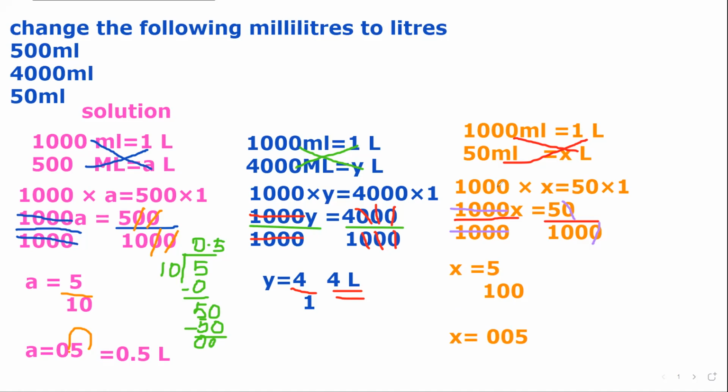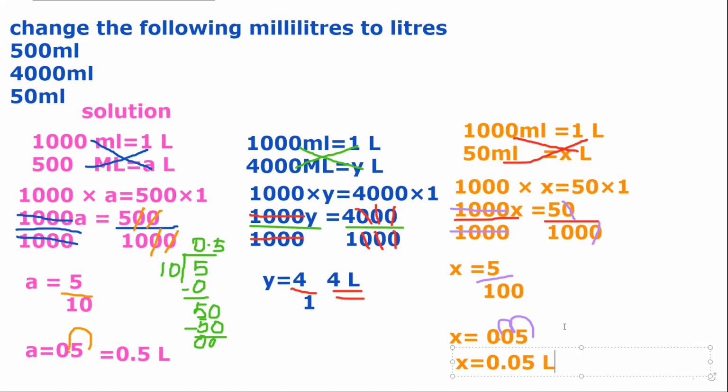So let me write my division sign here. You make 2 steps, because of the 2 zeros. 1, 2, the point will be here. Therefore, x is equal to 0.05 liters.